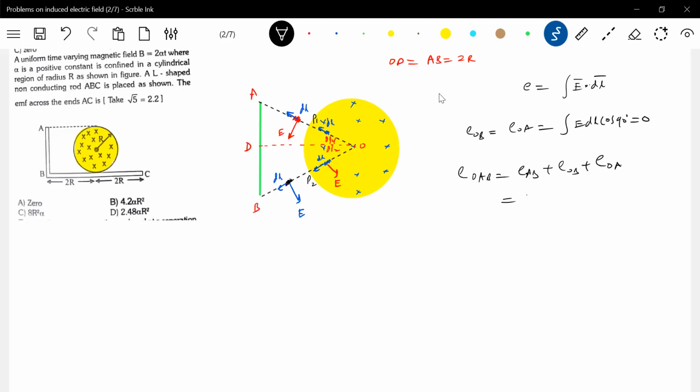This is the unknown thing which we have to find out. This is 0, this is 0. What is EAB? Effective area, area of the sector, into dB by dt. Area of the sector is r square theta by 2, times dB by dt, that is alpha.